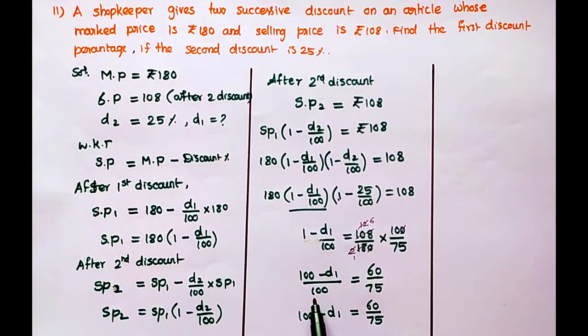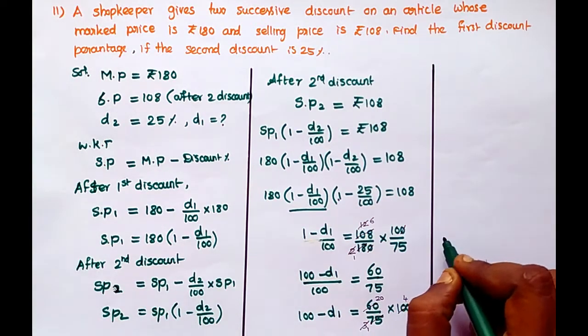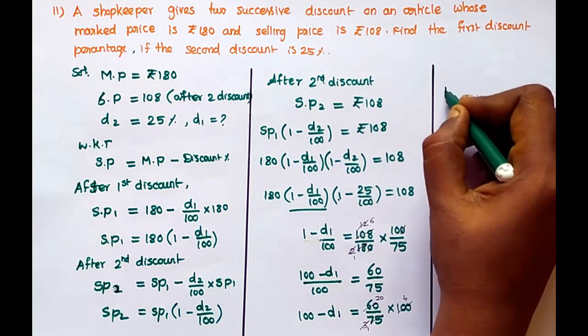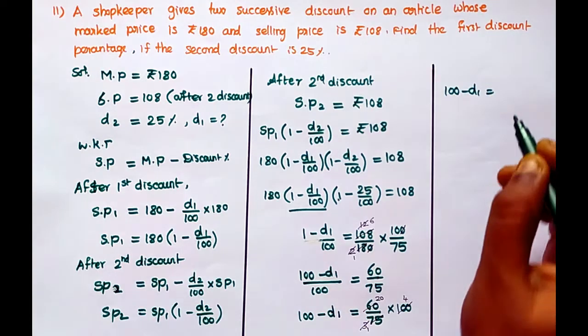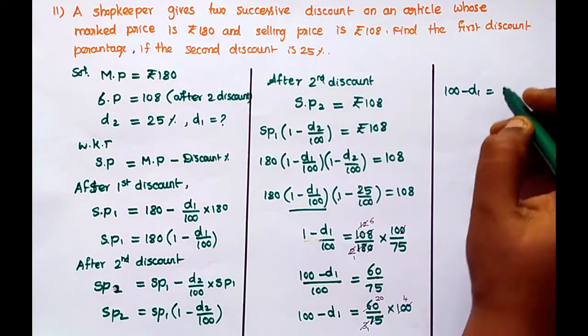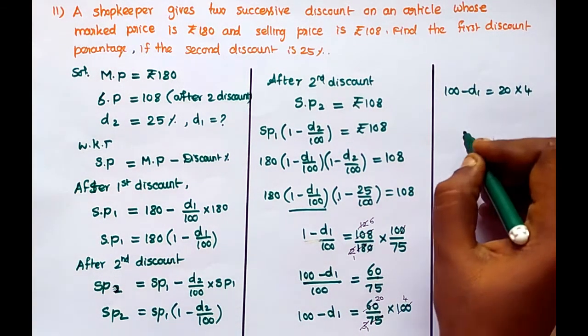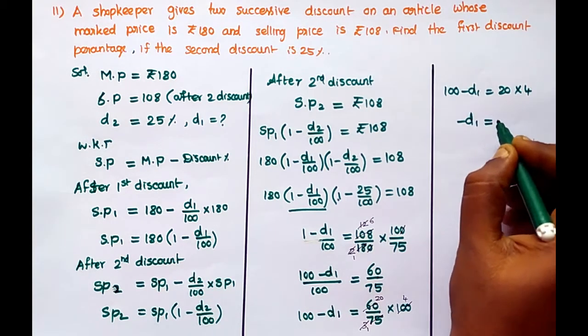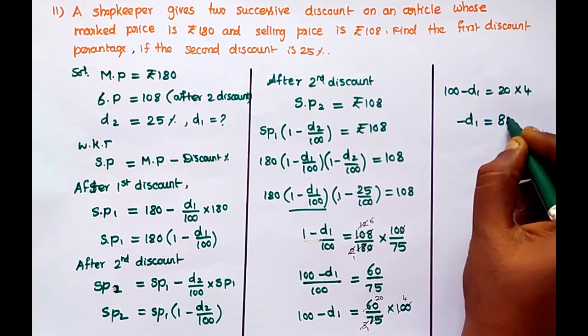Here 100 is in division, so bring the side means multiplication. Now the cancellation: 3 25s are 75, 4 25s are 100, and 3 1s are 3, 20 3s are 60. Now listen, next step, 100 minus D1 equal to 20 into 4, 80.